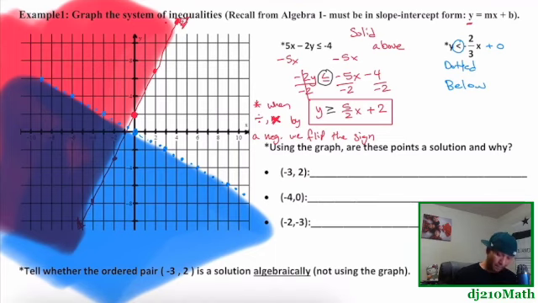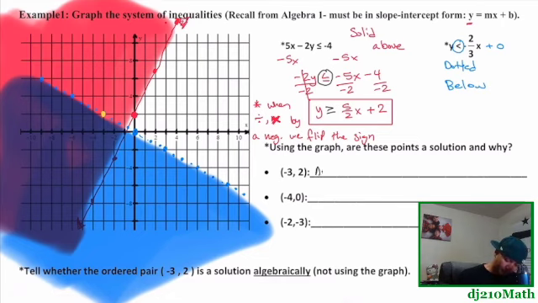All right, using the graph, are these points of solution and why? So let's see. So we'll go -3, 2. I'll do it in yellow. So -3, 2. Okay, this is on the dotted line.